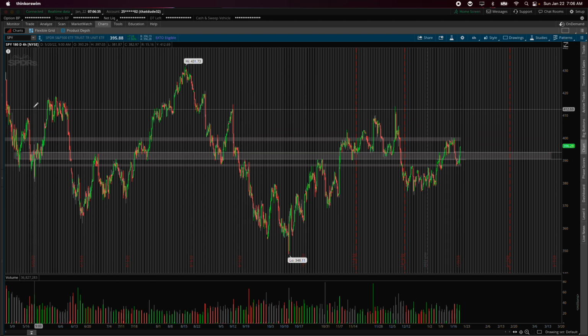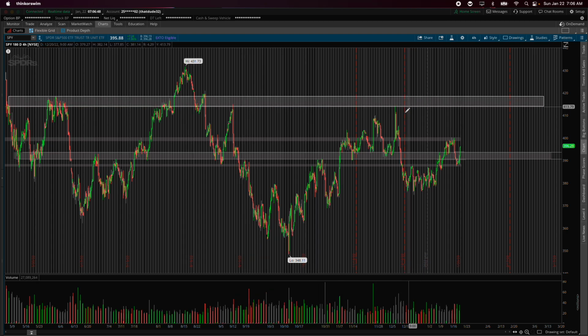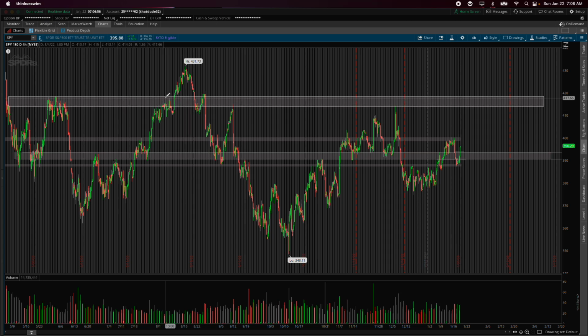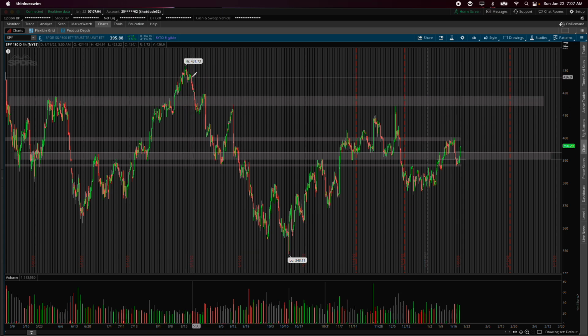Or say you're swing trading and you were looking at, okay, anytime the price comes into this zone, I'm going to take a short position, because every time I see massive rejections. Even this rally that we had, we only got a couple points above it. Pretty much had a couple days up here and sold off aggressively. We came back into the zone, sold off aggressively, came back into the zone, sold off aggressively.